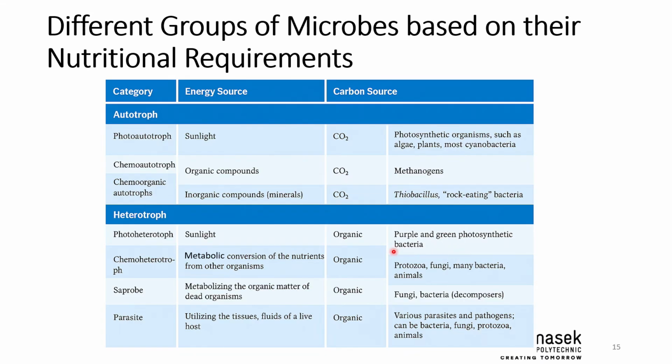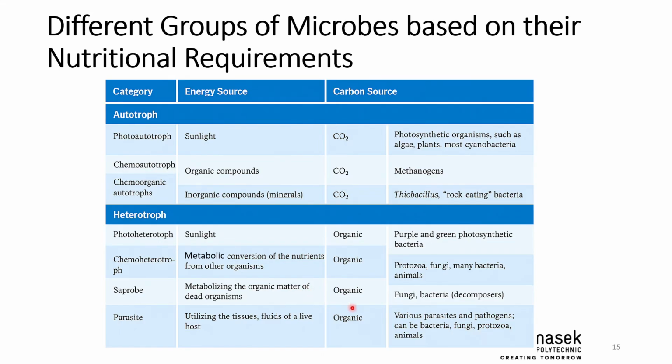Then you've got chemoheterotrophs. These rely on organic compounds also, obtained from other organisms. So this includes the fungi, the protozoa, and many other bacteria. The two remaining categories here are saprobes and parasites. The former usually metabolize the organic matter of dead organisms.